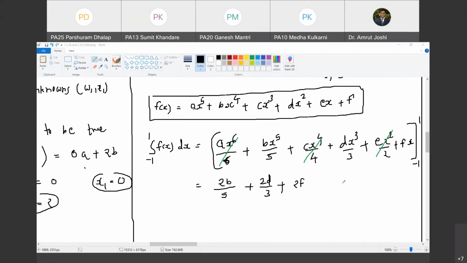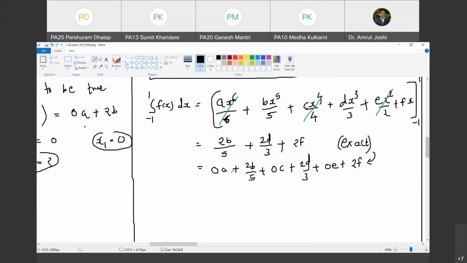This is the exact integration. Agreed? Can I also write it as 0a plus 2b by 5 plus 0c plus 2d by 3 plus 0e plus 2f, right? Yes, sir. This is the exact solution.